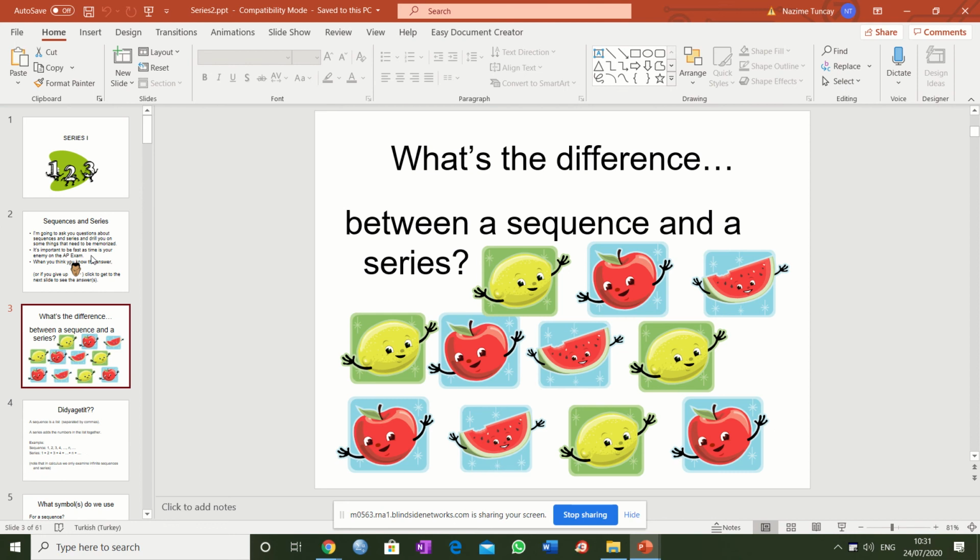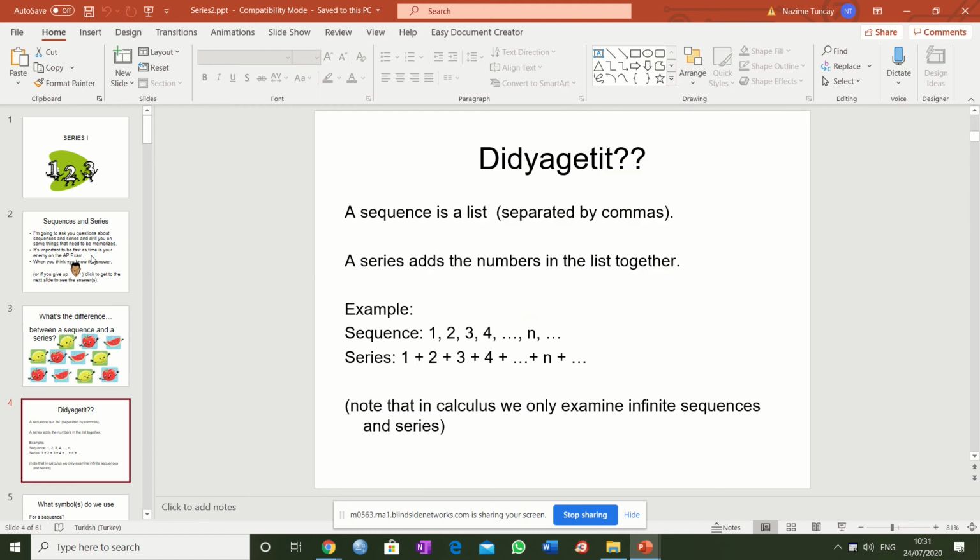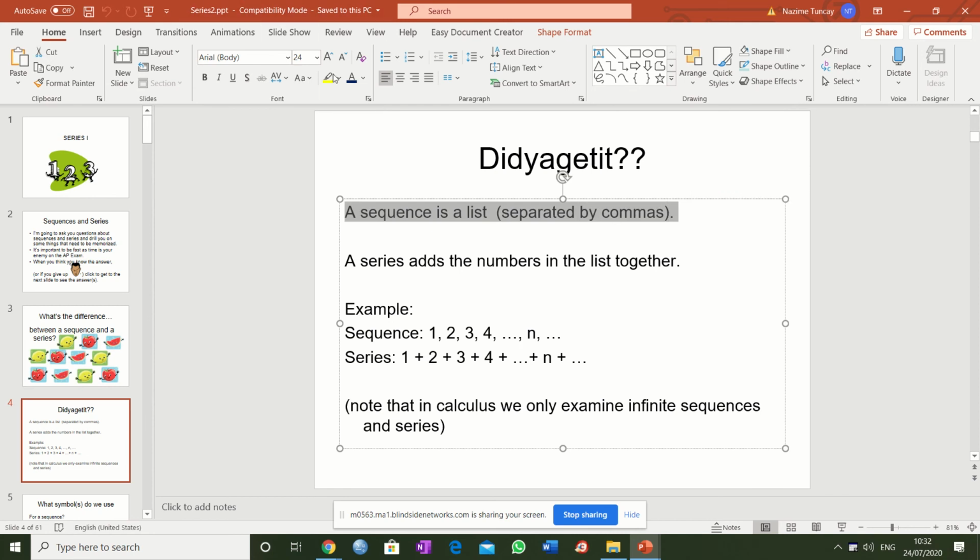So, what is the difference between a sequence and a series? A sequence is just numbers separated by commas. It's a list. This is really important to understand. When we separate numbers by commas, we say it is a sequence.